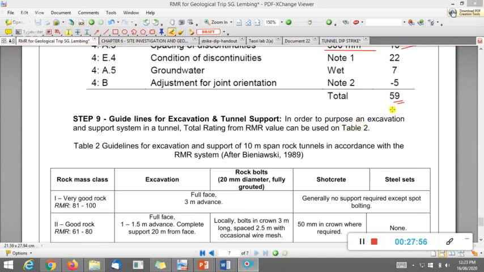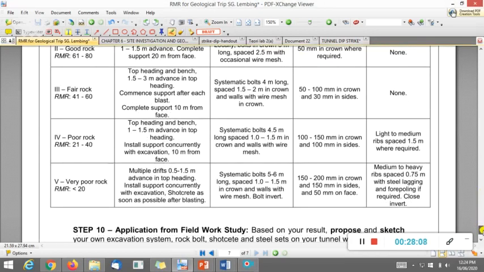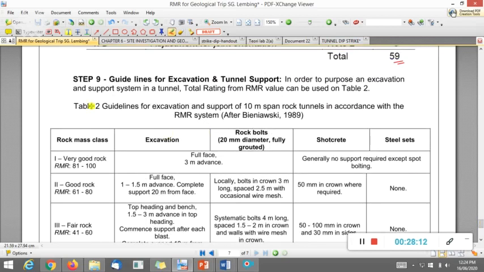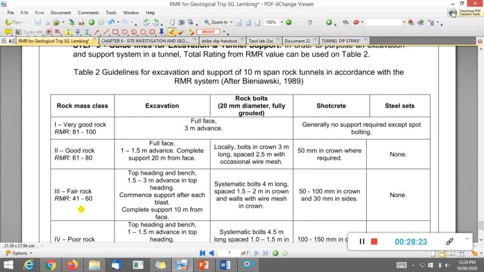Okay, after you got a total number of RMR, then you know what is the grade or the class, what is the classification of the rock mass. Is it a good rock, a strong rock, a fair rock, a poor rock, a very poor rock. Because this one will be used for guideline for excavation and tunnel support. Let's say right now our case is 59. So meaning that this is the fair rock.